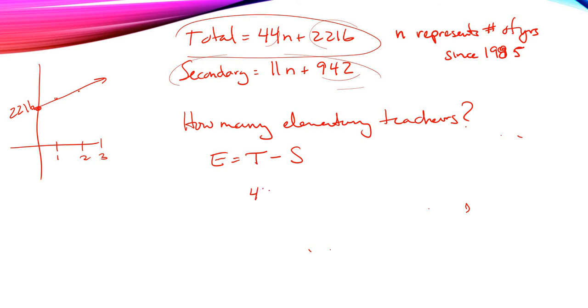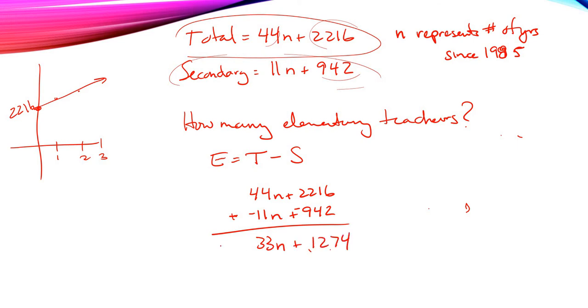So we're going to take 44n plus 2216, and we're going to subtract 11n plus 942. Remember, subtraction. I'm going to change that to addition and change both these signs. So 33n plus 1,274,000. And that's my elementary teachers.